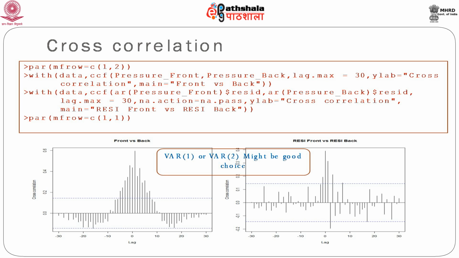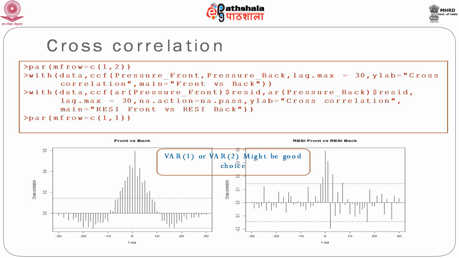If you look at both the ACF, PACF plots and the plot for this cross correlation, it suggests that a vector autoregression of order 1 or of order 2 might be a good choice, because there is strong evidence of cross correlations.